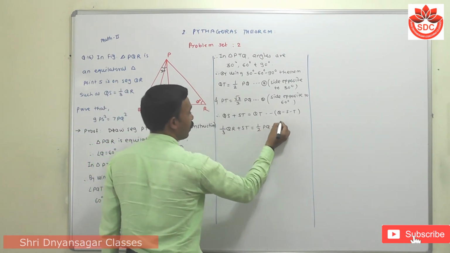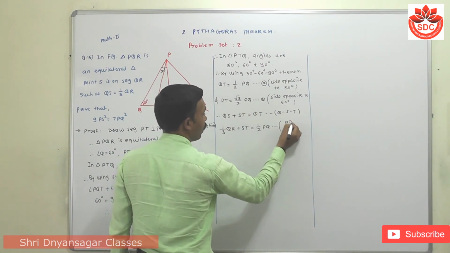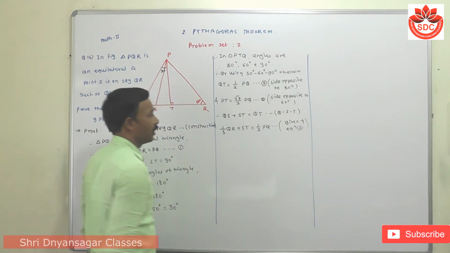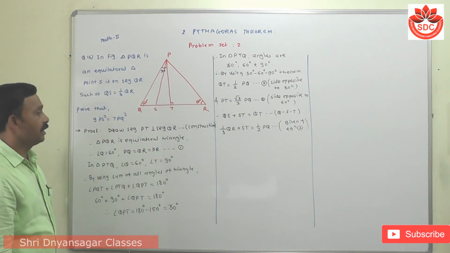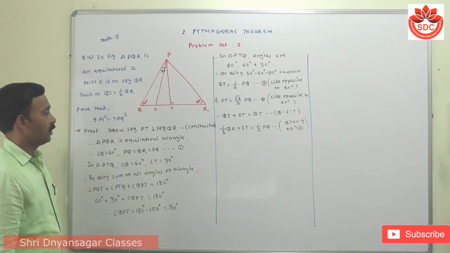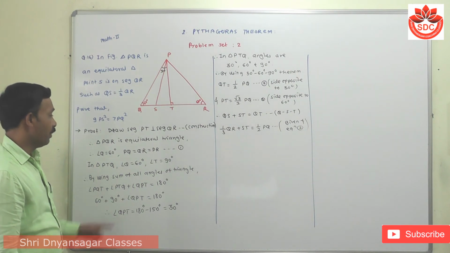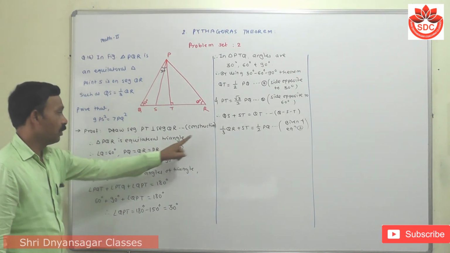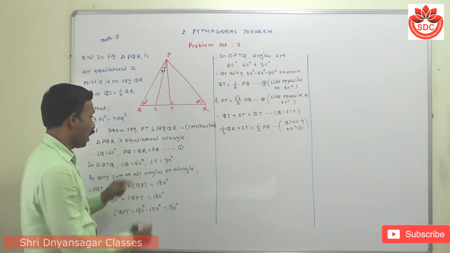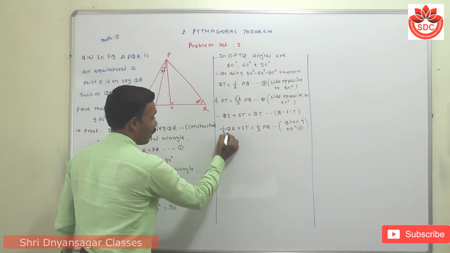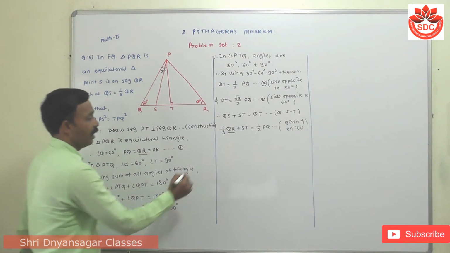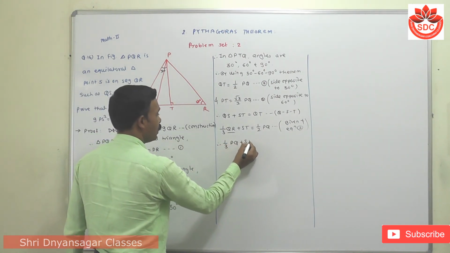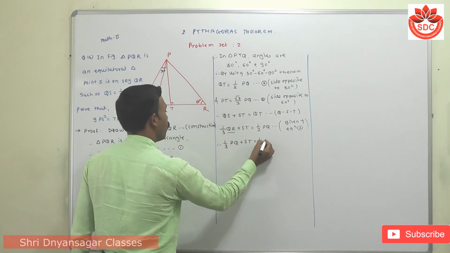The reason is given and equation second. Now student, again look carefully: from equation number first, QR is equal to PQ. So we substitute the value of QR here as PQ. Therefore 1 upon 3 PQ plus ST is equal to 1 upon 2 PQ.